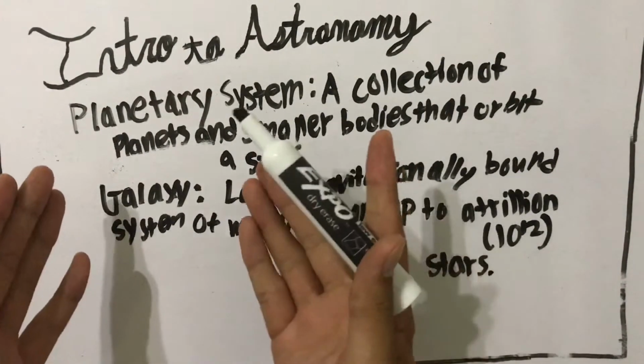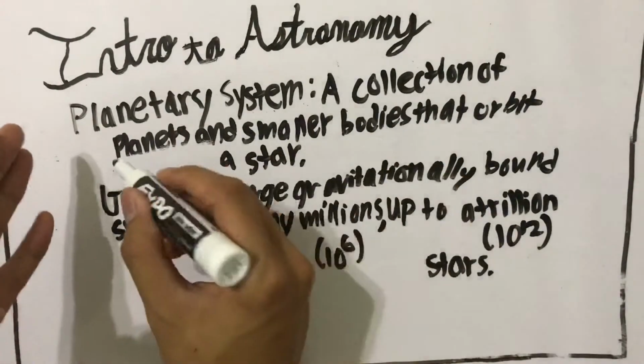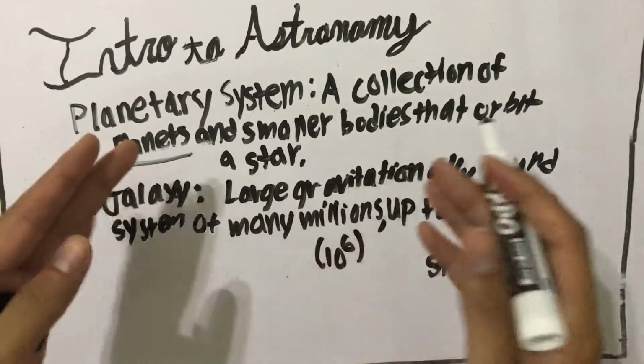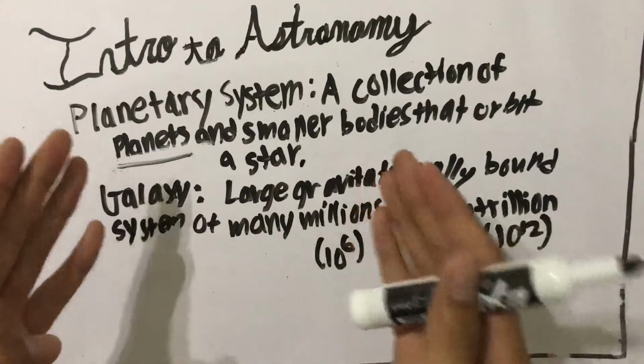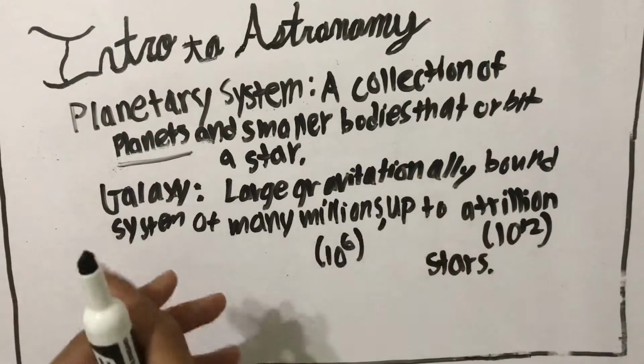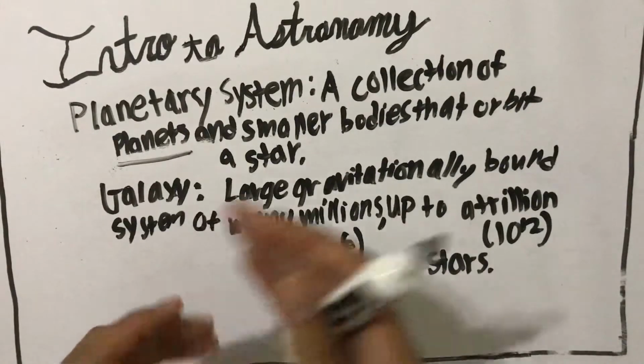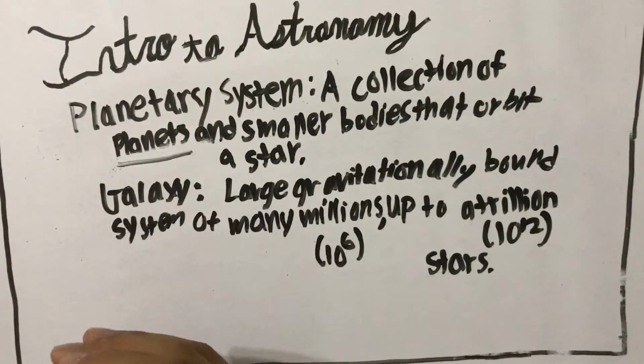So if we're talking about the solar system, which is also considered a planetary system, then the planets that we are talking about include Mercury, Venus, Earth, Mars, Jupiter, Saturn, Uranus, and Neptune. And not including Pluto, because it's actually considered a dwarf planet, and we will talk about that in the future.